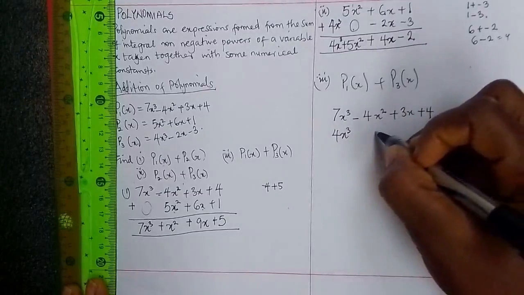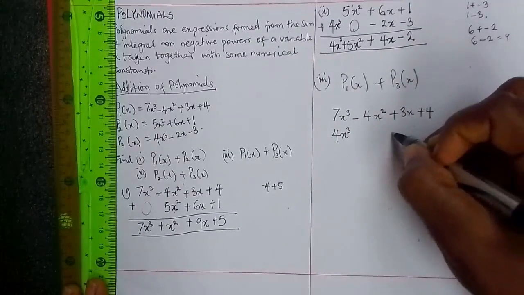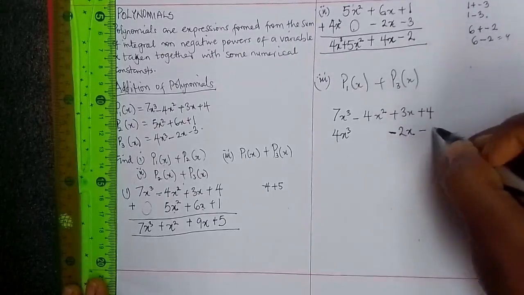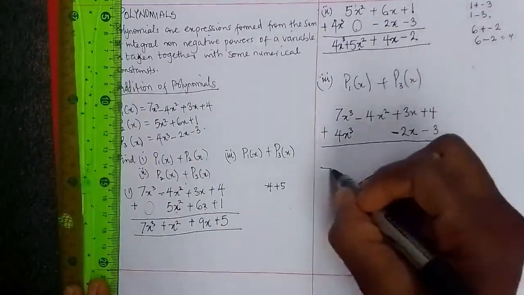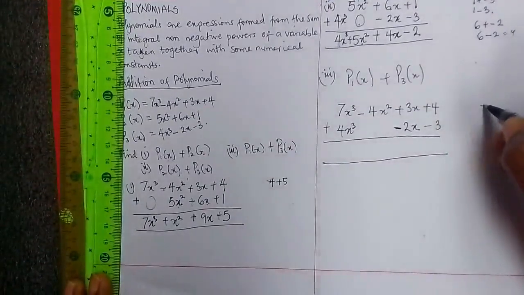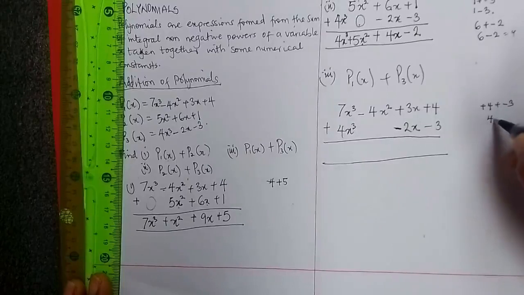There's no x squared there, so we'll move to this place, minus 2x minus 3. We add. Plus 4 plus minus 3. That's 4 minus 3.